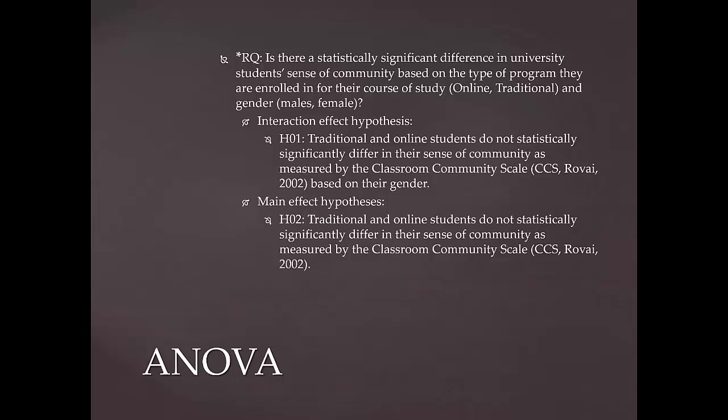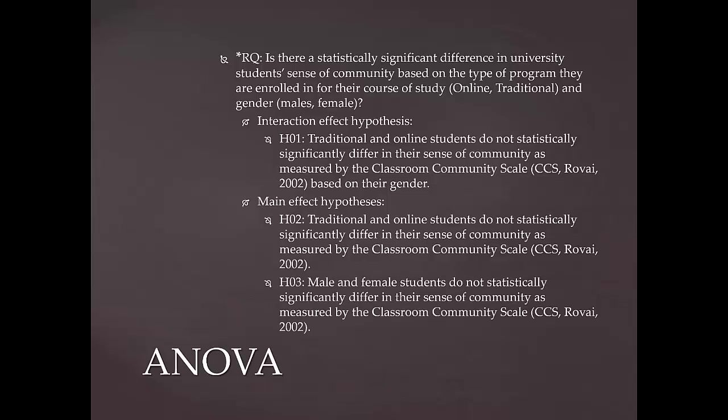In this set of tutorials, we're going to call this the program type main effect. Then we have the gender main effect, and the corresponding null hypothesis for that is: male and female students do not statistically significantly differ in their sense of classroom community as measured by the community scale.